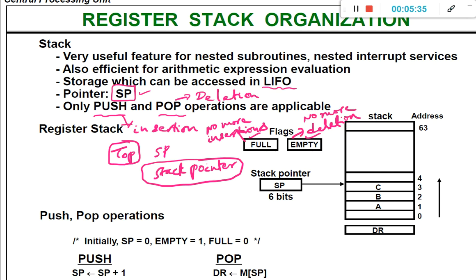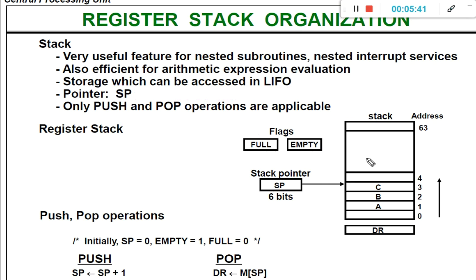Here we can see diagrammatically how a stack is implemented. In this particular implementation, it is called a register stack. We call it a register stack because we are implementing the stack as a set of registers. How many registers are there? From 0 to 63, a total of 64 registers are taken as a stack.